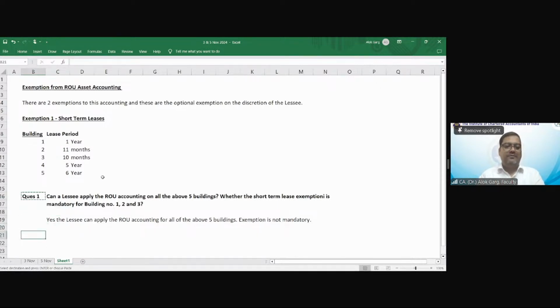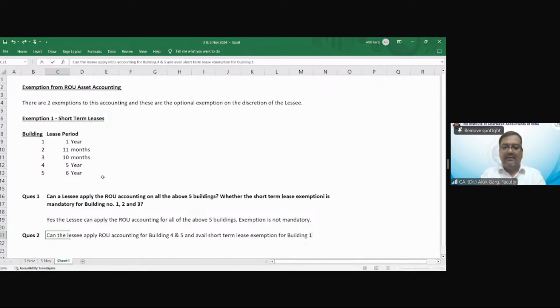Question number 2. Can the lessee apply ROU accounting for building 4 and 5 and avail short-term lease exemption for building 1, 2, and 3?